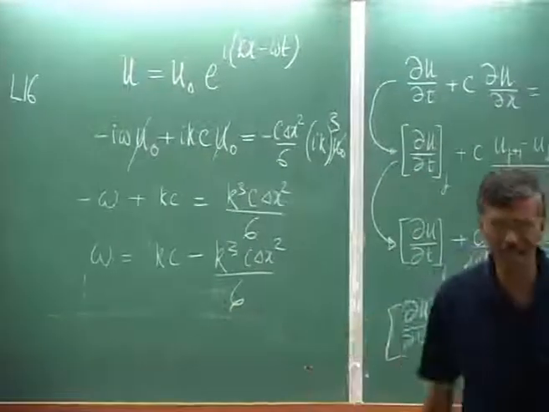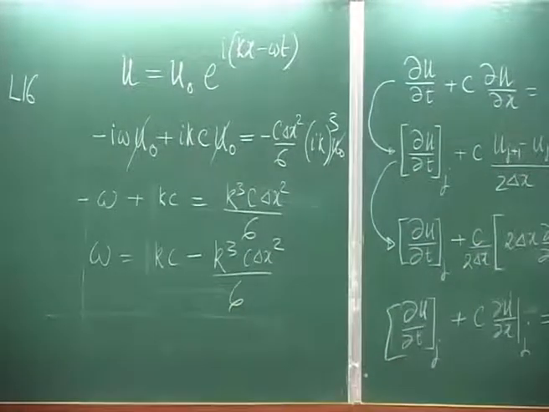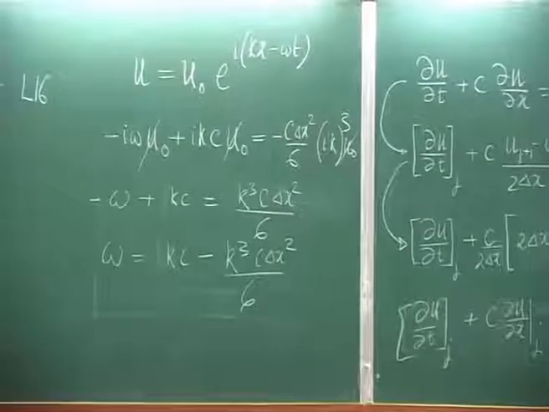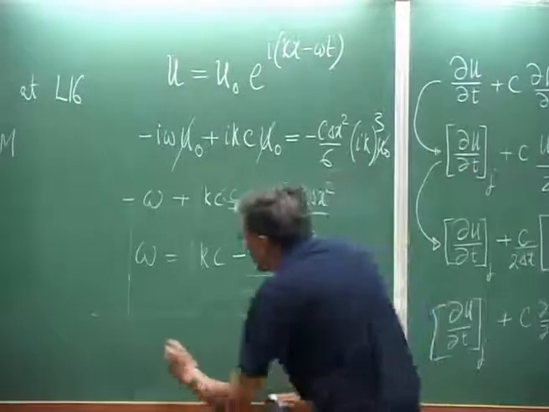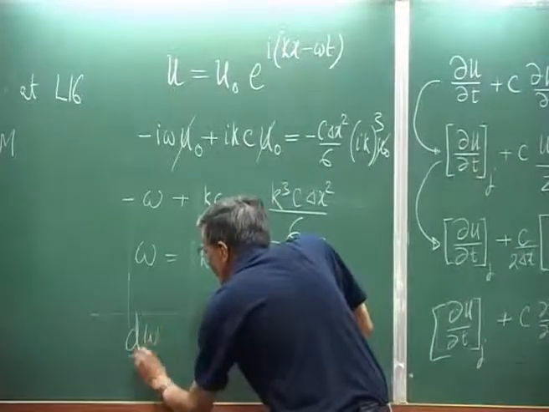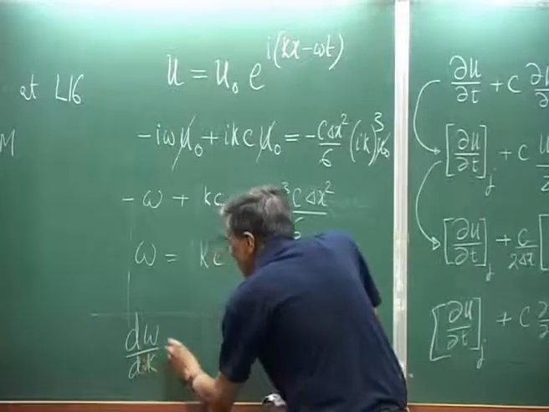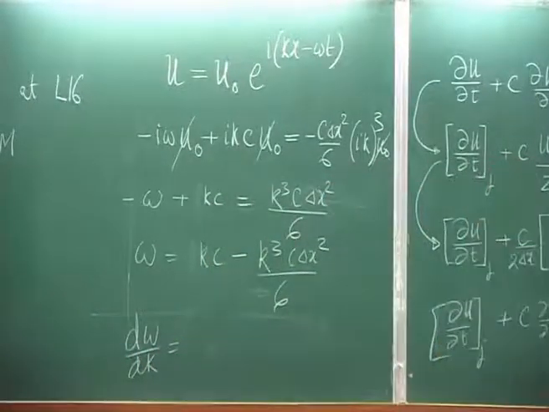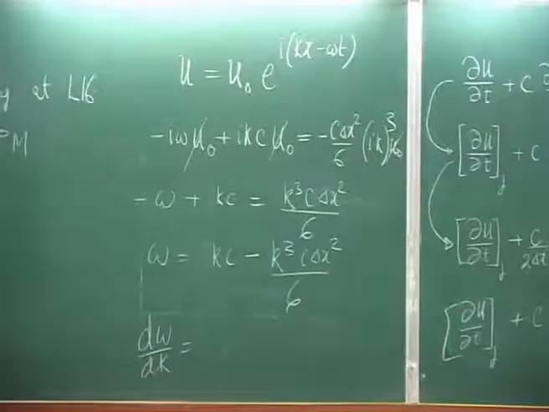So, you have omega as a function of k, and how do you find out if it is dispersive or non-dispersive? We calculate the group velocity. If the group velocity happens to be the same for all k, then we know it is non-dispersive. If the group velocity is dependent on k, that means different k components will transmit their energy at different speeds. So, if I have a compact disturbance at t equal to 0, it will disperse itself.